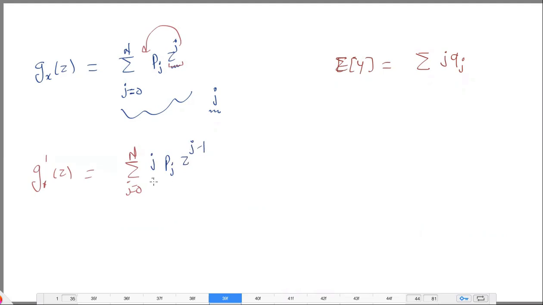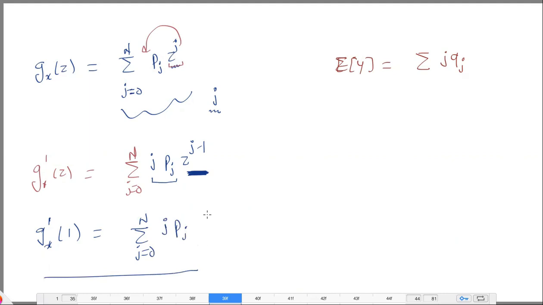Now that is okay, but this is unwanted, right? I wanted the expectation, so this is unwanted. z is some variable, so let's plug in z equal to 1. If I plug in z equal to 1, then I will get this. Is this okay to everyone?